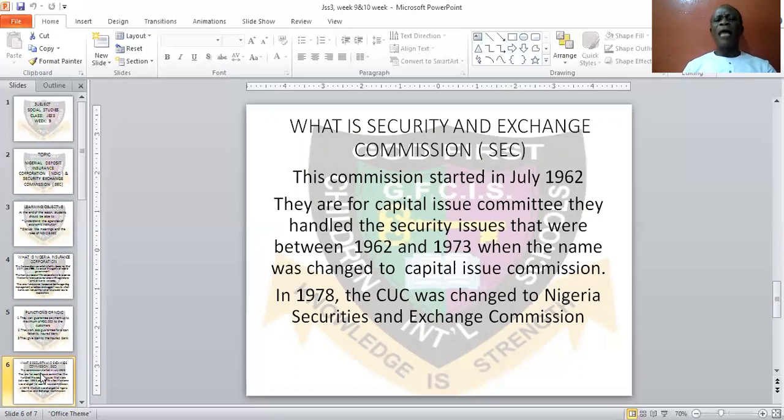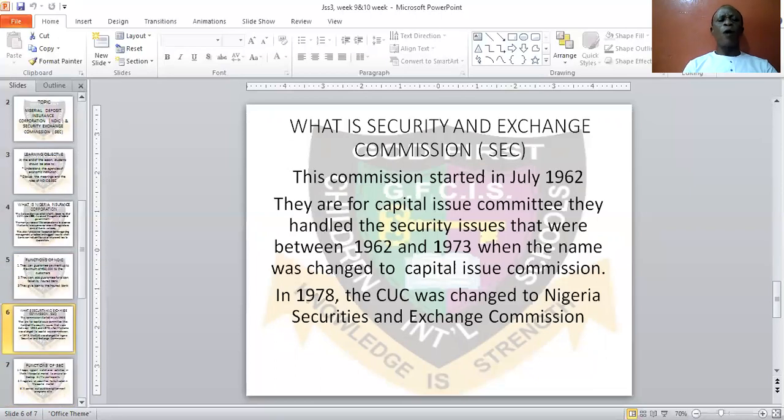In 1978, the Capital Issue Commission was changed to Nigeria Security and Exchange Commission. Then, why is this story going on like this?